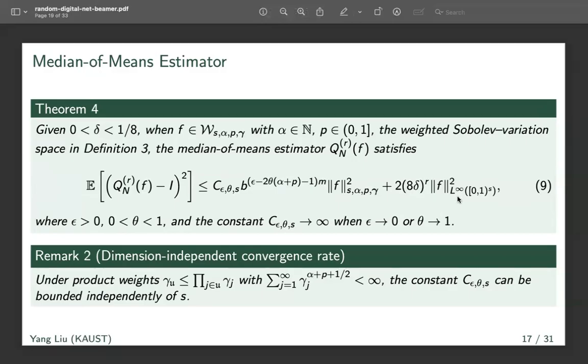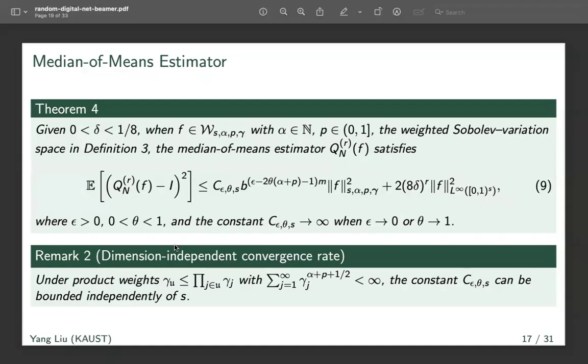The second part is about when more than half of the estimators fail, then the median estimator will be in this regime. But the integration error is still bounded by this L infinity norm of the integrand, and then we can increase R, that is the number of replicas of this RQMC, to reduce this second part exponentially.